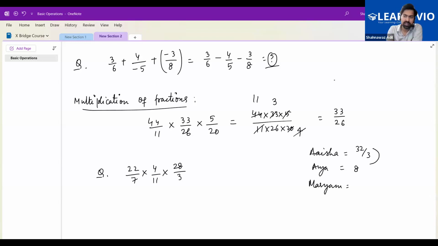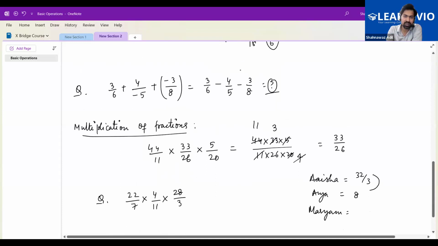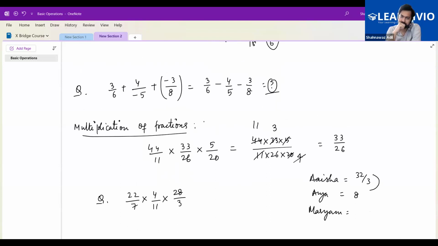So in addition and subtraction, you guys were very fast, and then in multiplication, your vote will decide who is correct, whether Aisha or Arya. Or if you are getting a different answer, then tell me.